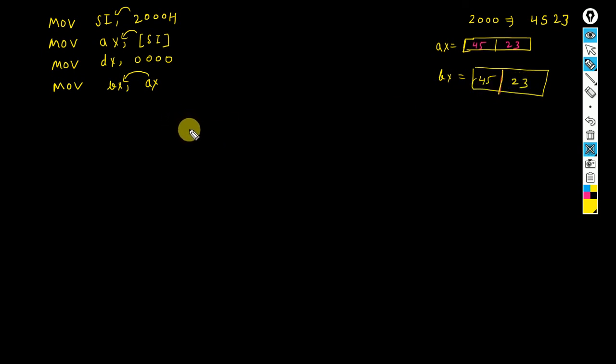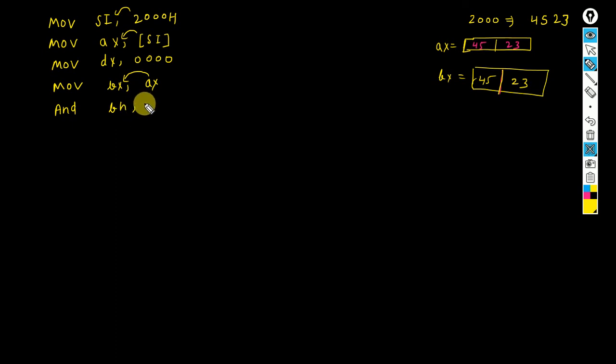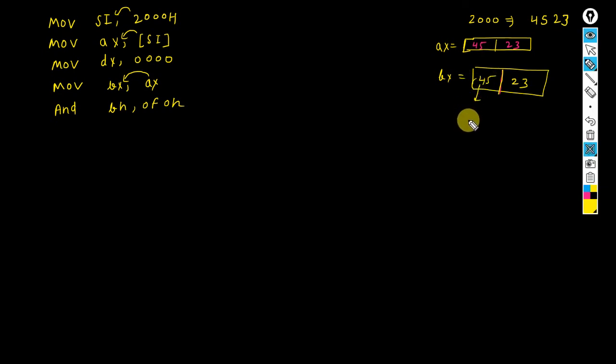Next instruction is AND BH, 0F0h. Basically in this program we extract 4 from the BX register.